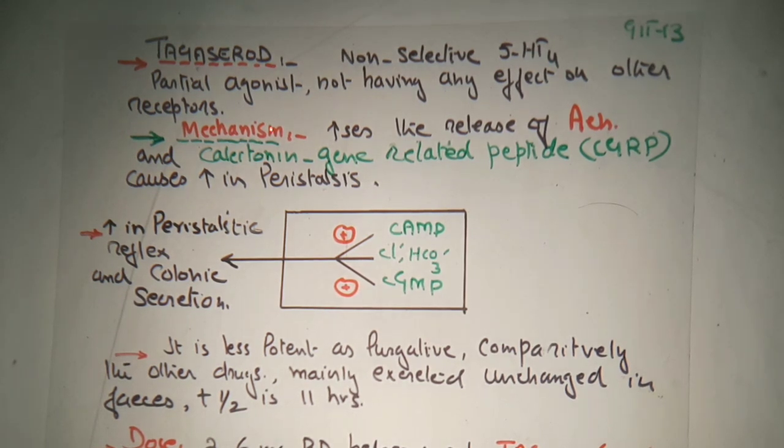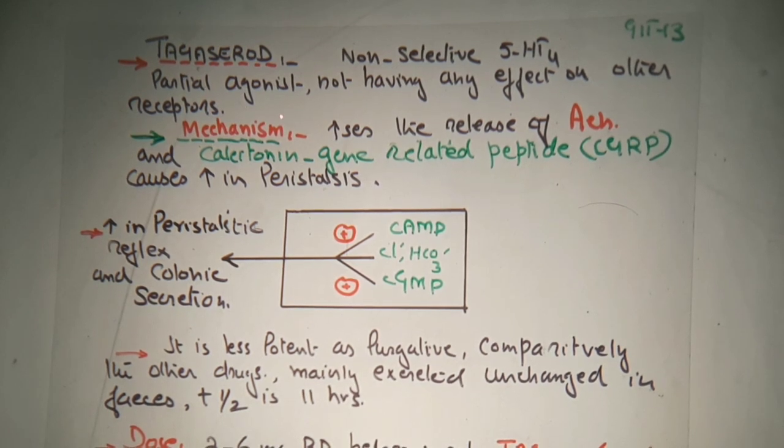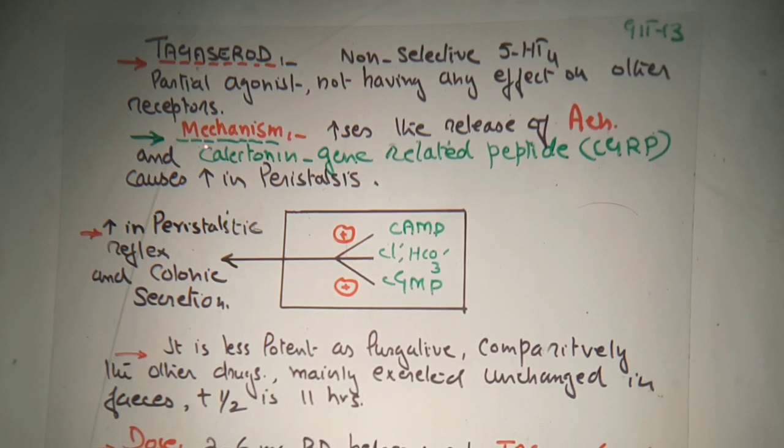They show both properties, so that's why they are known as partial agonists, not having any effect on the other receptors. They only show their effect on the 5-HT4 receptor, right? What is the mechanism? It increases the release of acetylcholine and calcitonin gene-related peptide. Now, this is a new thing for you. Please be careful about this: calcitonin gene-related peptide.